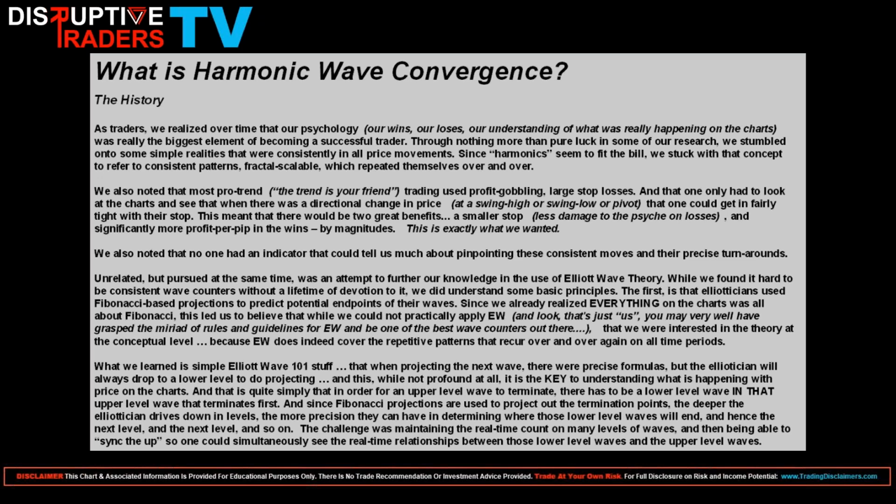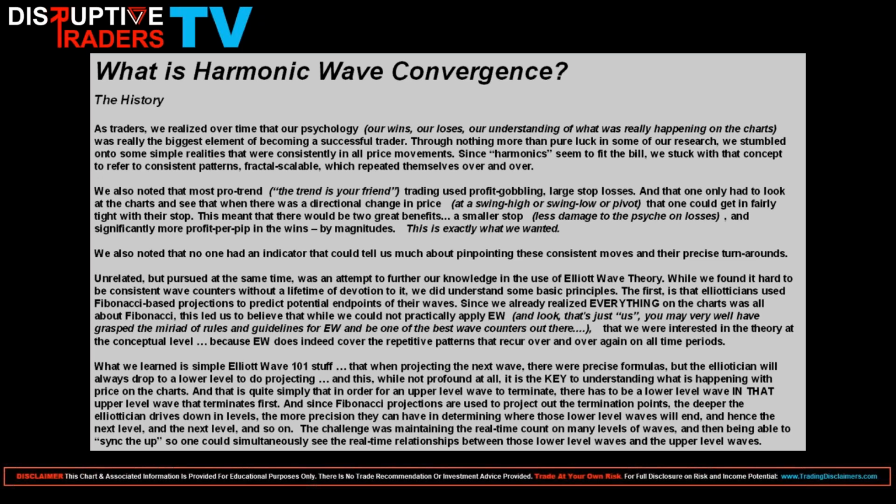The first is that Elliottians use Fibonacci-based projections to predict potential endpoints of their waves. Since we already realized everything on the charts was all about Fibonacci, we were interested in the theory at the conceptual level, though we could not particularly apply Elliott wave, because it does not cover the repetitive patterns that reoccur over and over again on all time periods.